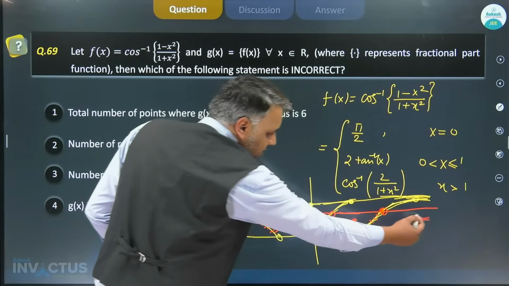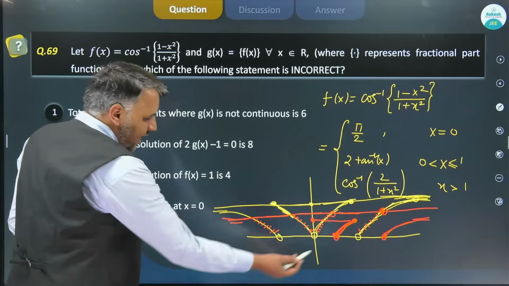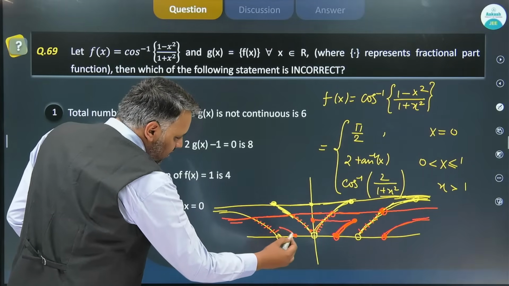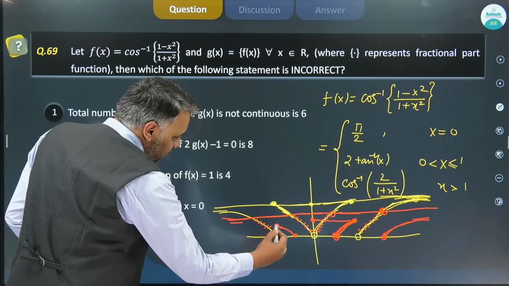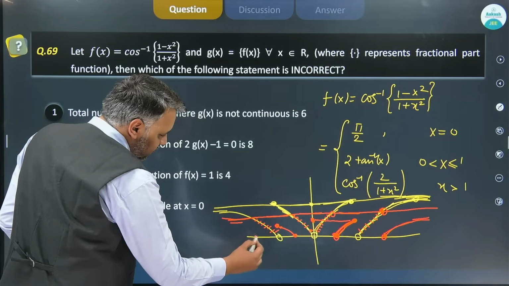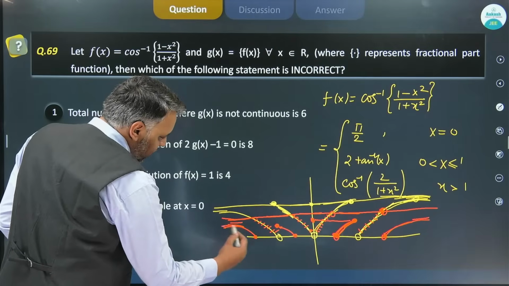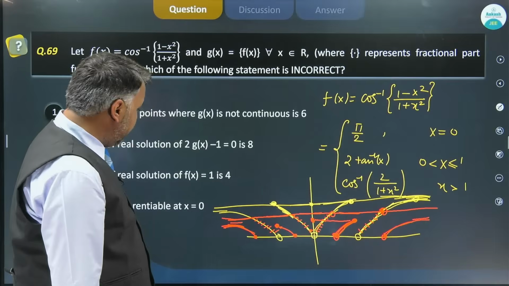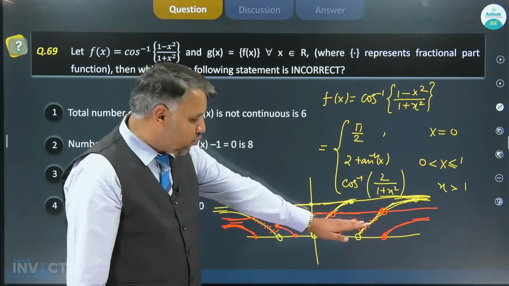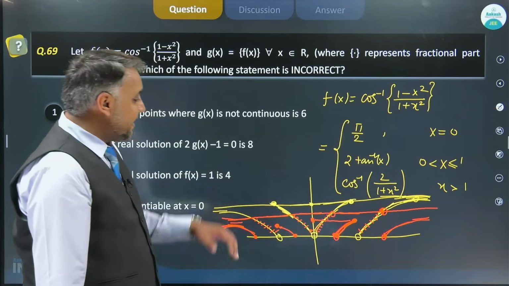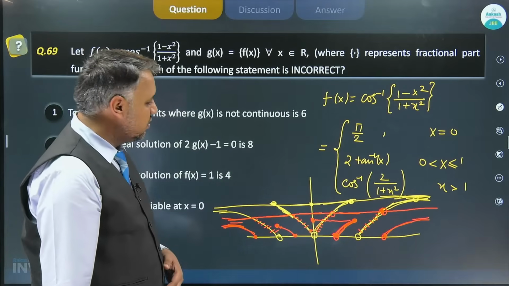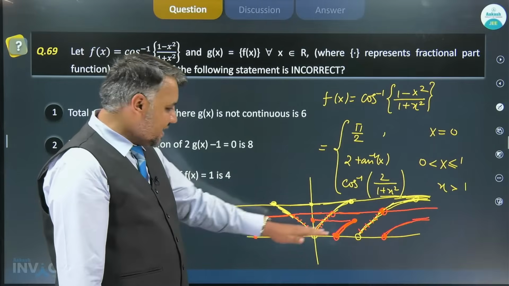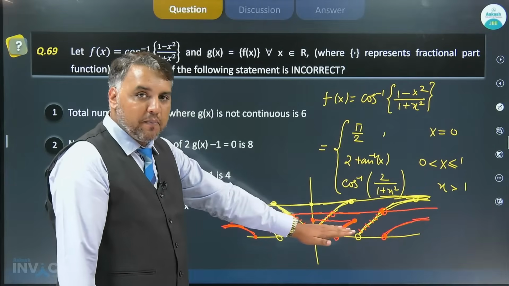This level is again pi by 2 minus 1, and again reflecting it. This will be gx. Now this level pi by 2 minus 1 is approximately 0.57. So y is equal to half is actually below this level, pi by 2 minus 1.